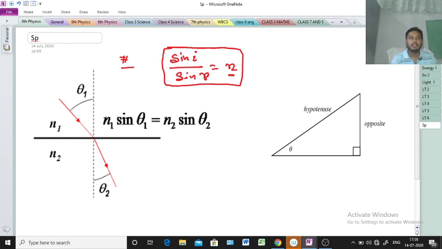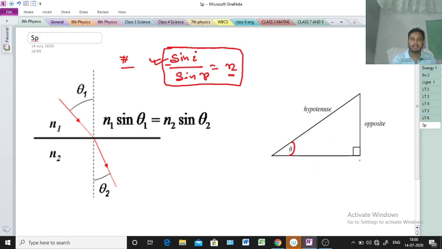Now, first thing, what is sin? I think you don't have a clear-cut idea about sin, and that's why the problem comes. If you want to understand sin, you just have to go to maths. As you can see from the picture itself, that is a right angle triangle.